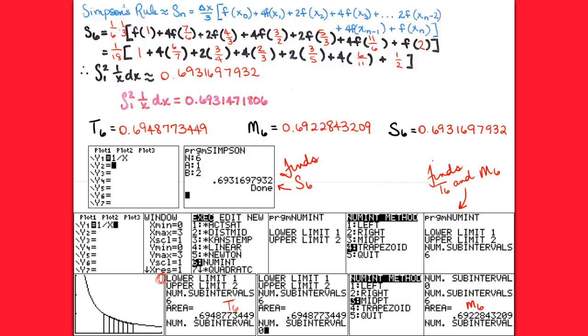Okay, so here's how Simpson's program is going to work, the one that you just linked. You may need to unarchive it. So remember, to unarchive, you're going to go to second plus sign, which is memory management. Go down to number 2, memory management, delete.